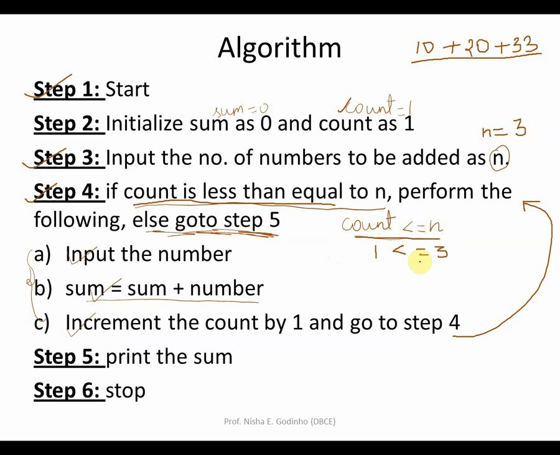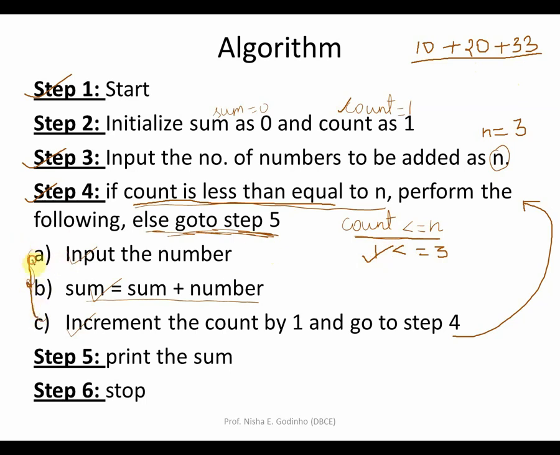You have to remember that n every time will be 3 itself. Why so? Because the total number of numbers to be added will always remain the same, which is 3 in our example. After this is done, you have to check, is this condition correct? 1 is less than 3? Yes, 1 is less than 3. So if it is less than 3, you have to do these 3 steps.